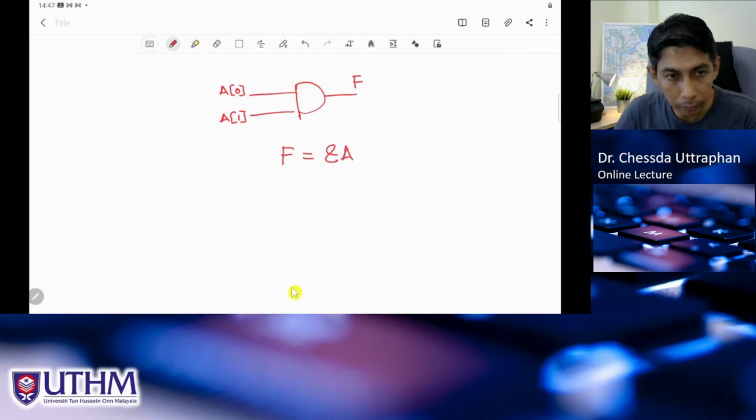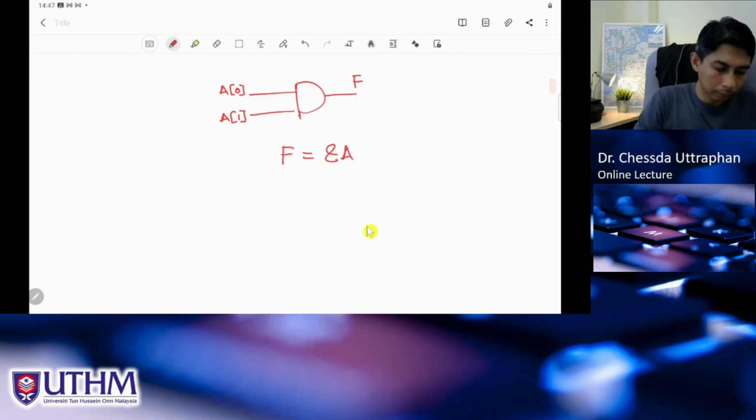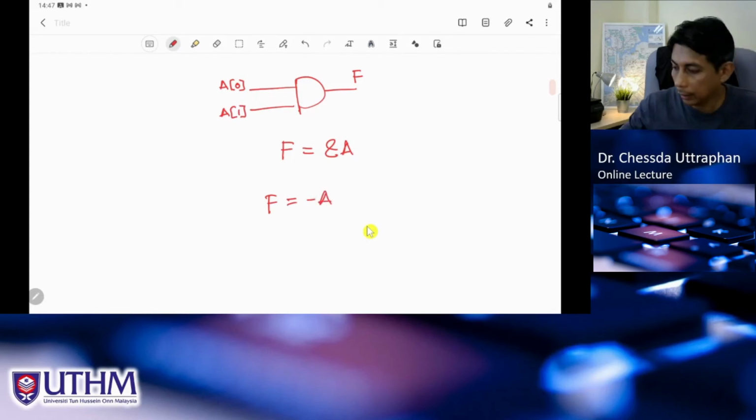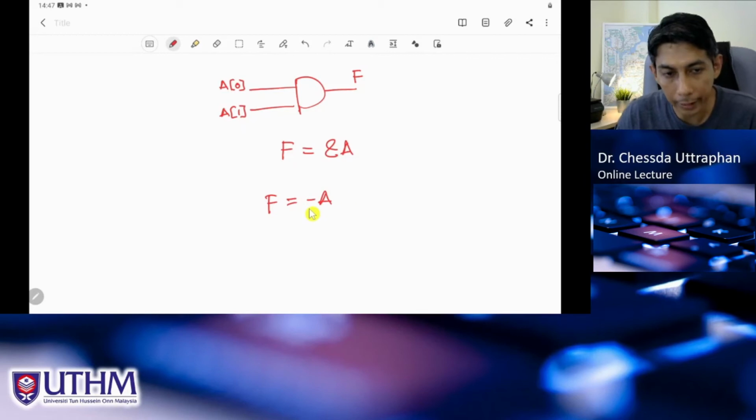When you write F equal to minus A, this is the second complement of A, or minus A, and the number of operands is 1.